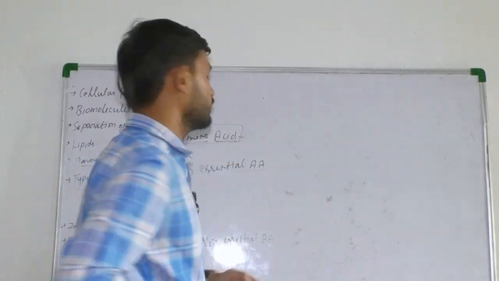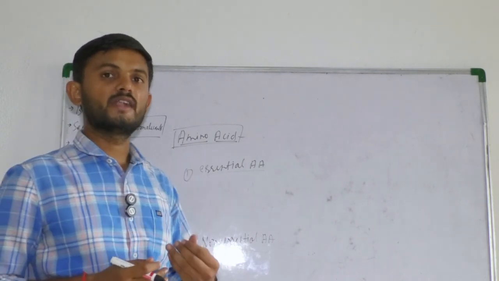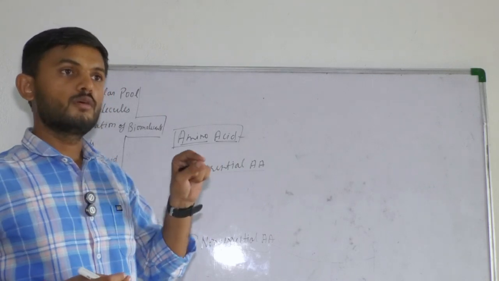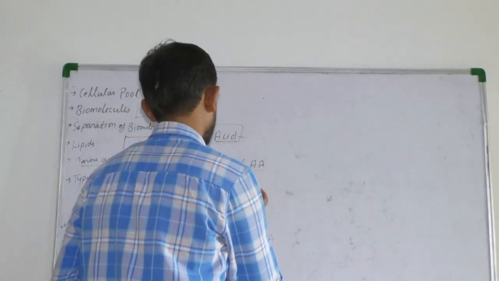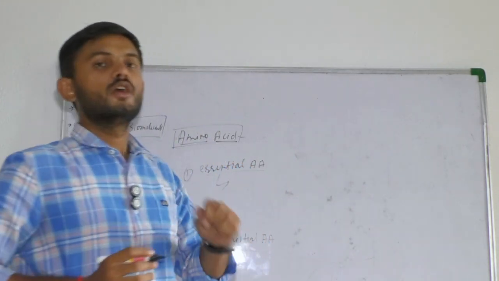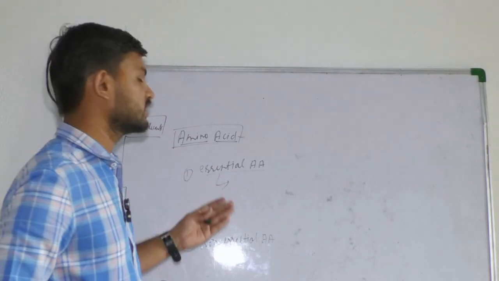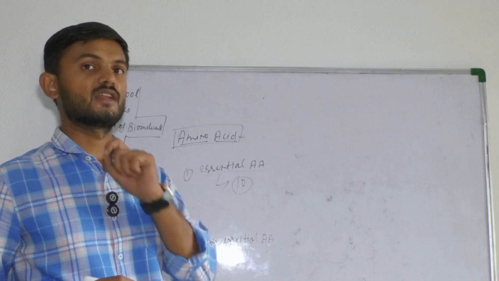Essential amino acids are those which we take from our diet, from outside the body. They are not produced or synthesized inside the body. Essential amino acids cannot be synthesized inside the body, and there are 10 types of essential amino acid.